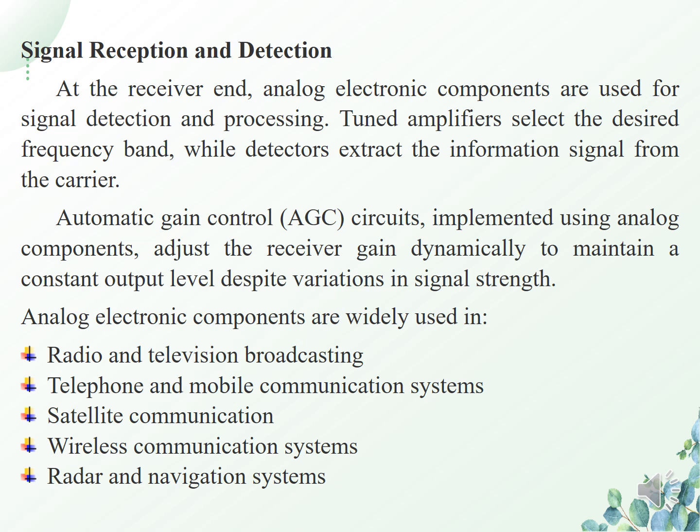Automatic gain control circuits are implemented using analog components, and they adjust the receiver gain dynamically to maintain a constant output level. So as a conclusion, analog electronic components are widely used in radio and television broadcasting, telephone and mobile communication systems, satellite communication systems, wireless communication systems, and radar and navigation systems.